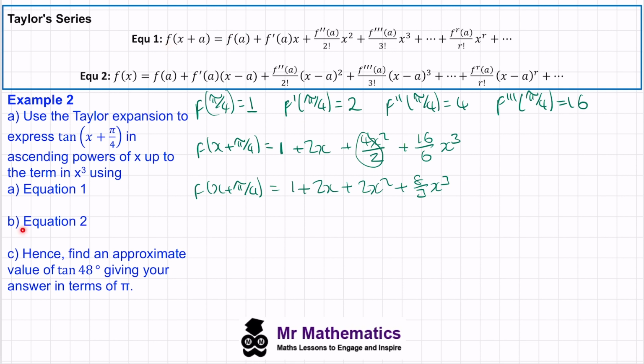So for question B, we need to look at using equation 2. So now we have f of x. We still know that a is pi over 4. So we want f of pi over 4, which we know is 1. And then f dash of a, which we know is 2. And now we have x minus a, which is x minus pi over 4.